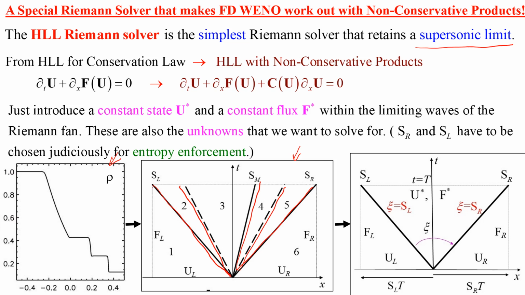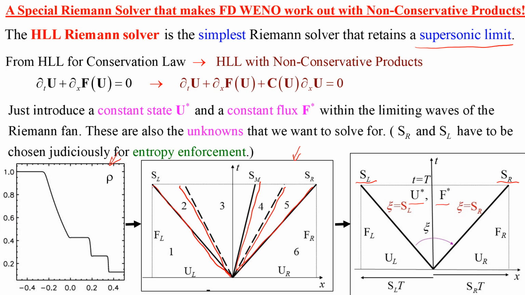The whole point of the HLL Riemann solver is to retain these same extremal speeds, SL and SR, but to replace the internal structure of the Riemann fan with something extremely simple, namely a constant U star and a constant F star within the Riemann fan.